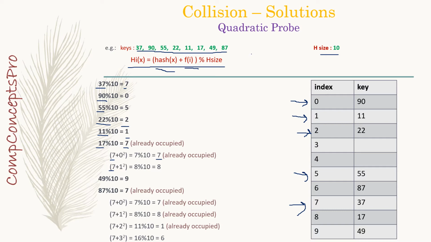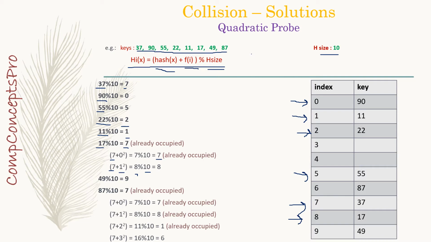Then f(i) will be this time 1 square, which is 1. So 7 plus 1 gives 8. Then mod h size: 8 mod 10 gives 8 only. So 17 will be stored at index position 8.